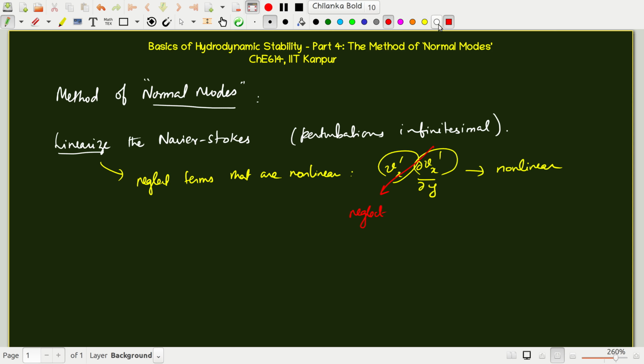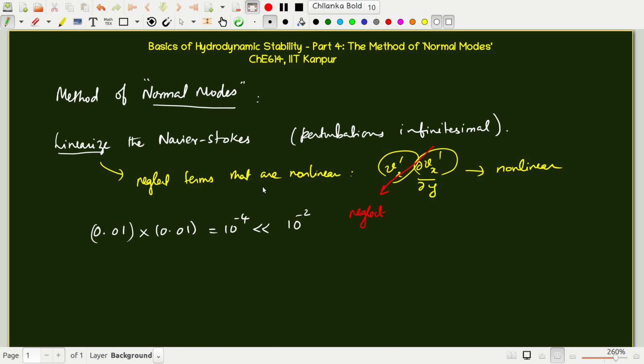The reason is that if you have a small number, let's say 0.01, if this is the amplitude of the disturbance, if you multiply 0.01 by 0.01, you will get 10 to the minus 4, which is much smaller compared to 0.01, which is 10 to the minus 2. So this is the rationale behind neglecting nonlinear terms.